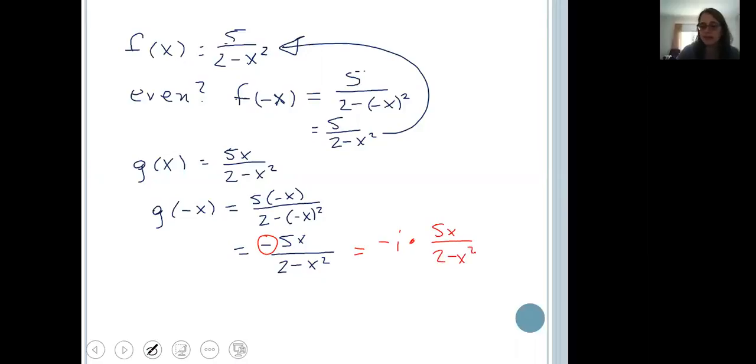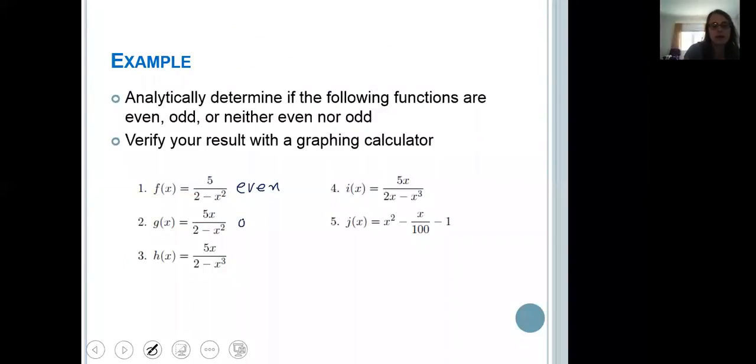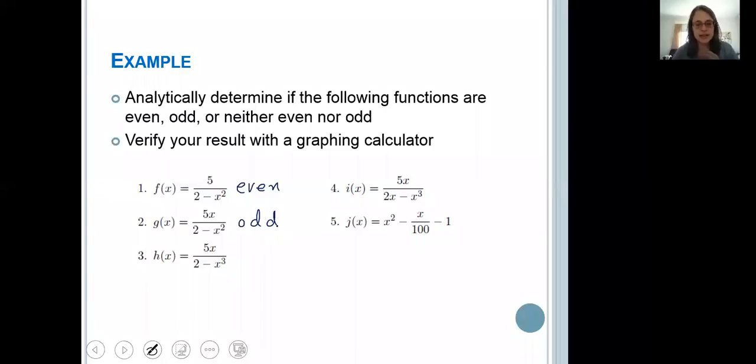The shorthand way of writing that is negative g of x. So this function is odd. Do you see the difference?